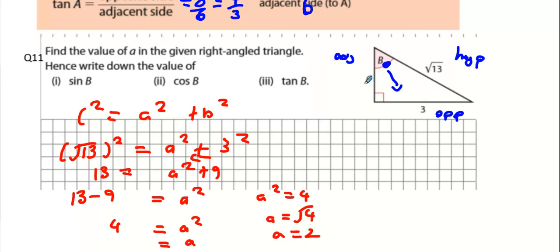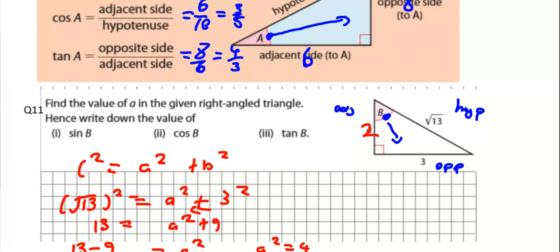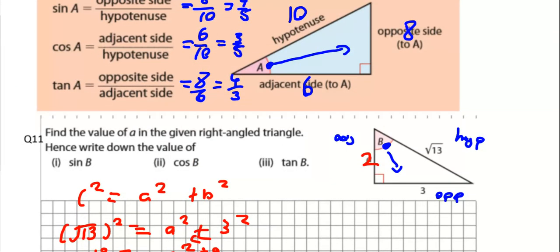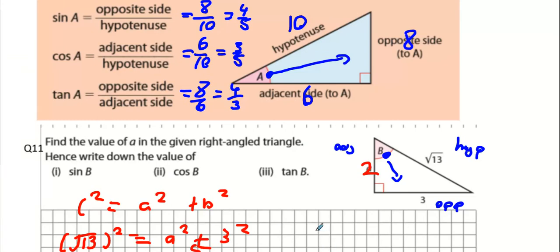Now we know that a equals 2. Now, using your formula at the top, what is sine? Sine B is opposite divided by hypotenuse, which is going to be 3 over root 13. Cos B is adjacent over hypotenuse, which is going to be 2 divided by root 13.